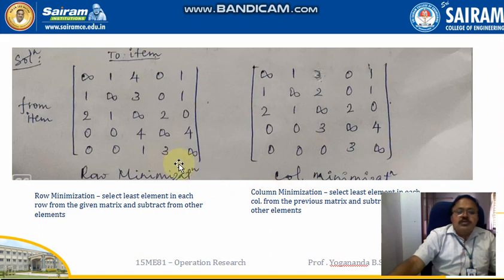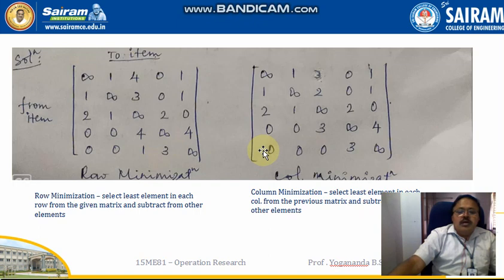Now, since it is already the cost matrix, we need not do any conversion. If it is the profit matrix, that should be converted into the loss matrix or the cost matrix. Now it is the cost matrix given, so directly we go for the row minimization. So select the least element in each row and subtract it from the remaining elements of the given matrix so that the row minimization matrix is obtained.